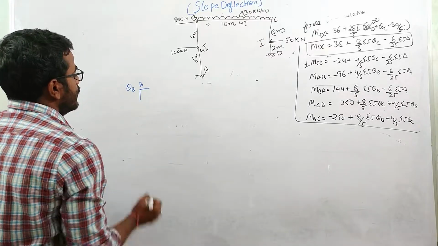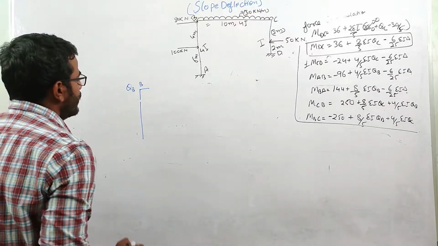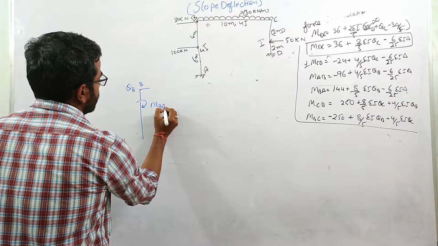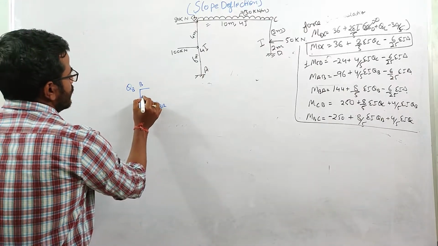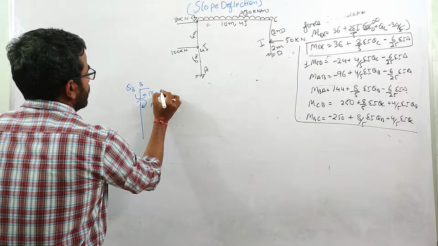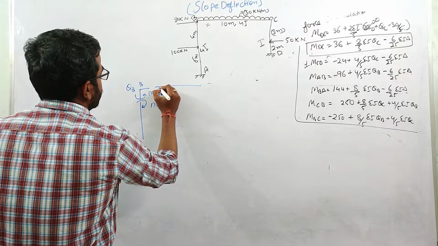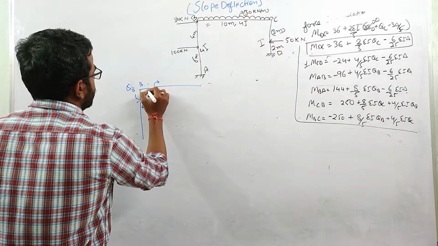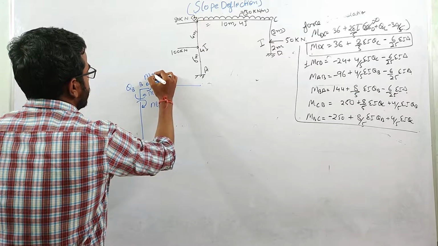If we look into the free body, I'm assuming that this MBA is acting like this, clockwise, so the anti-clockwise moment will be MBA. Similarly, here I'm assuming MBC is acting clockwise, so anti-clockwise will be MBC.